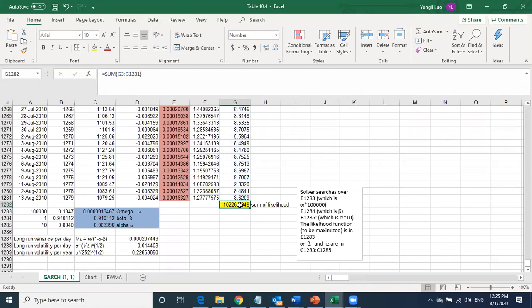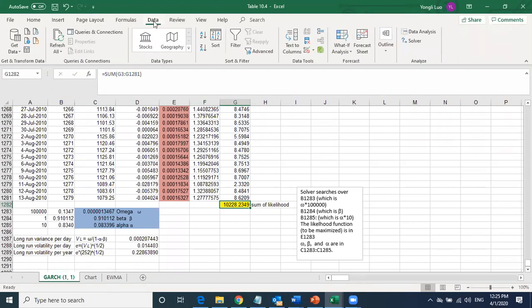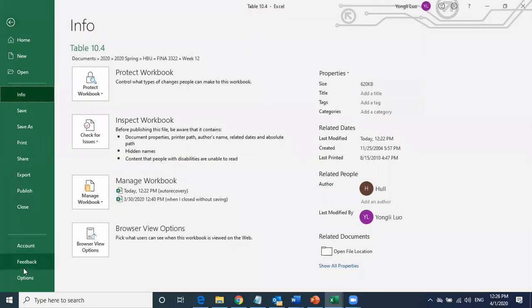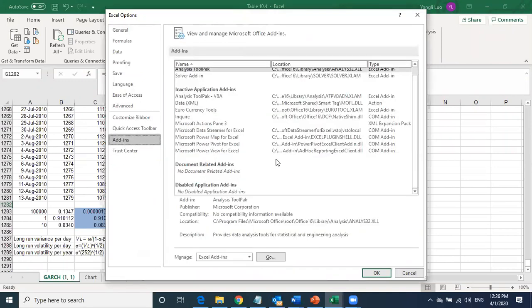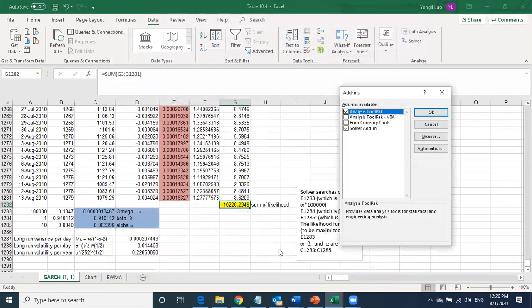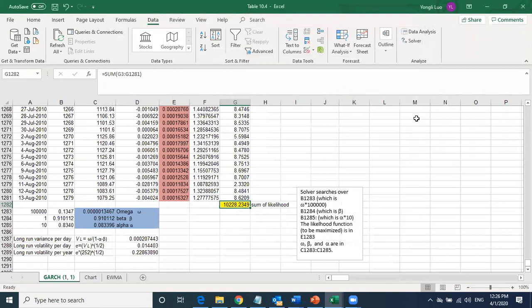Then you have the data, and you choose a solver. If you don't have a solver, you need to go to File, Options, then Add-ins. In Excel Add-ins, you click on Go, then choose Analysis Pack and Solver Add-in, and click OK.